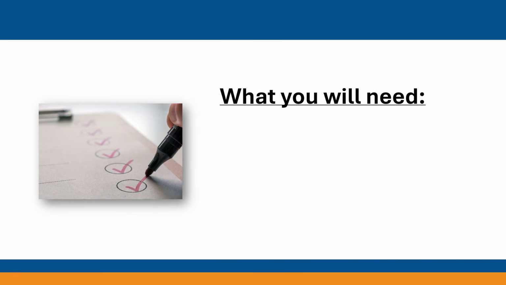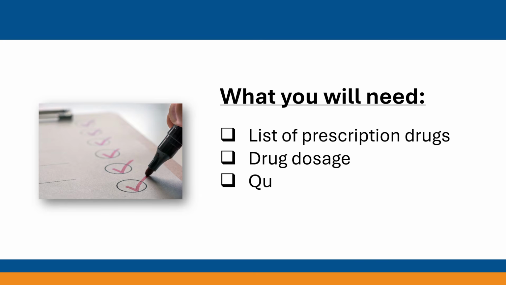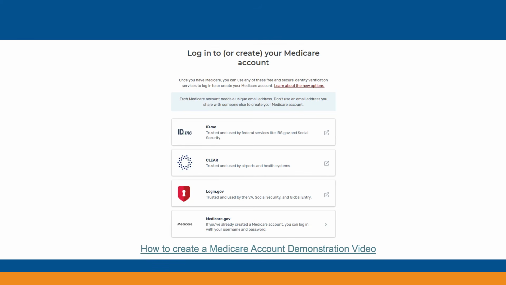To continue, you will need a list of your prescription drugs, drug dosage, quantity, and refill frequency. If you do not have an online Medicare account, you might want to sign up for one now. We have another video explaining how to create a Medicare account, and the link will be in the description below.